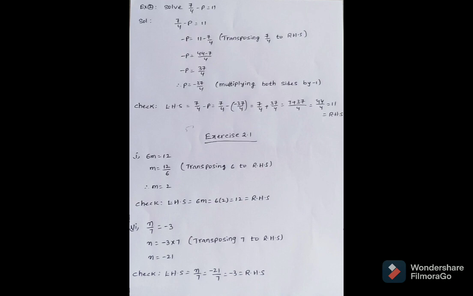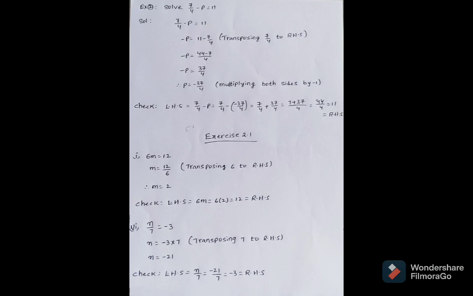Okay? Understand? Exercise 2.1. First one. Solve the following equations. First one, 6m equal to 12. We transpose 6 to RHS. It will change to division because in LHS 6m means 6 into m.